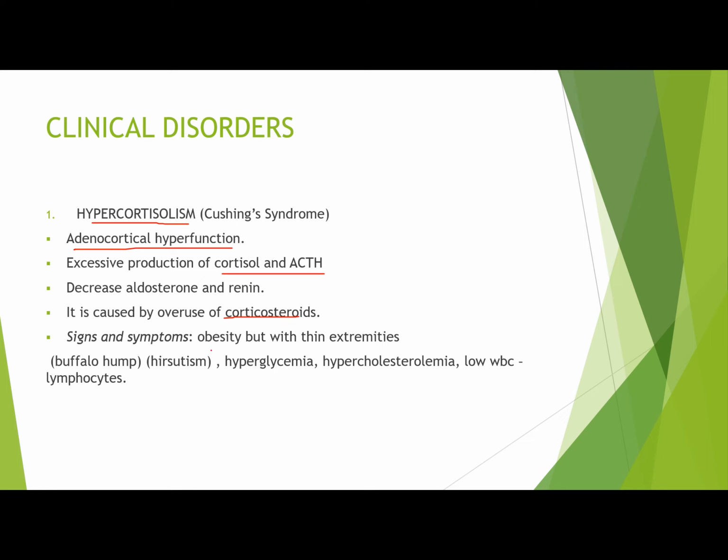Signs and symptoms nito class is obesity, but you have very thin extremities. So, ganito siya class itsura mo. Yan, ganyan. You have very thin extremities. Payat yung mga legs nyo, yung mga arms, and so on. Tapos obese ka.